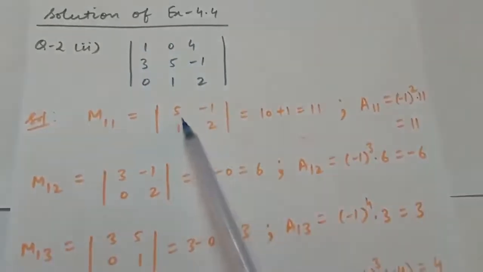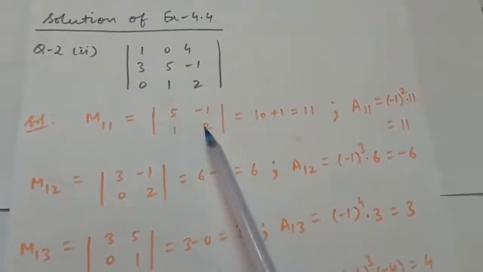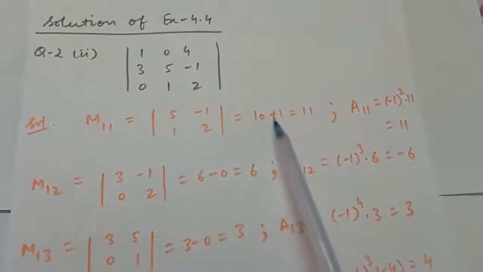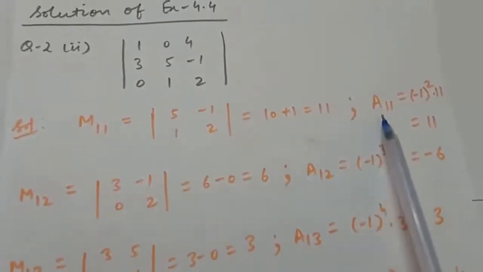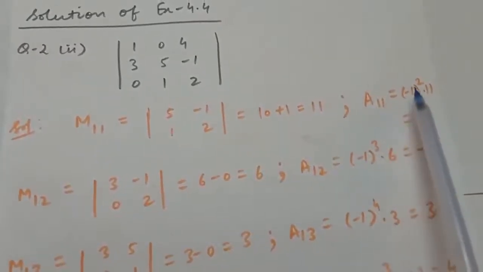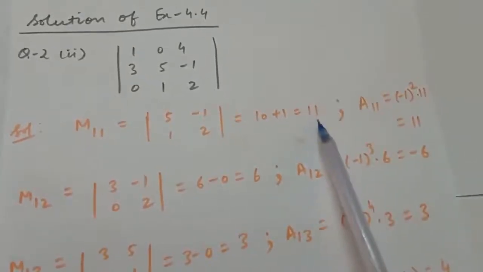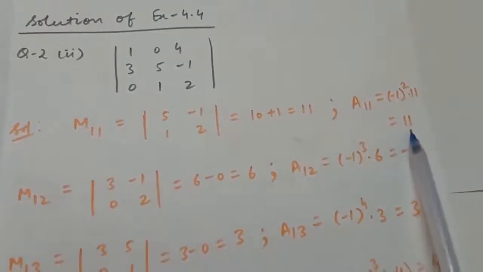You will get 5 minus 1, 1, 2, which is equal to 10 minus 1, which is 10 plus 1, equal to 11. And cofactor will be minus 1 raised to the power 1 plus 1, which is 2, minus 1 square into the minor 11. So the answer will be 11.